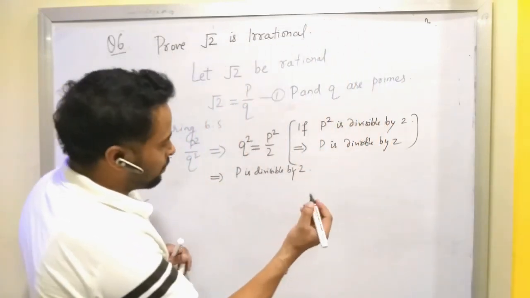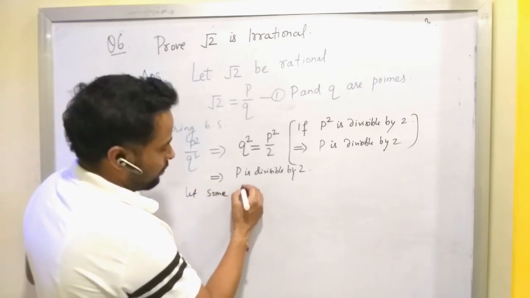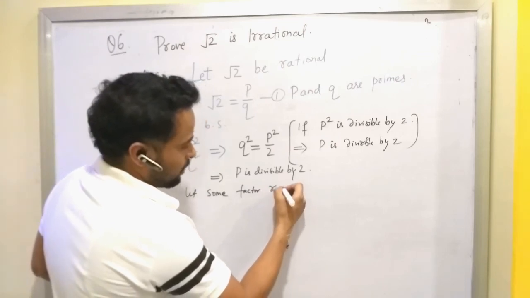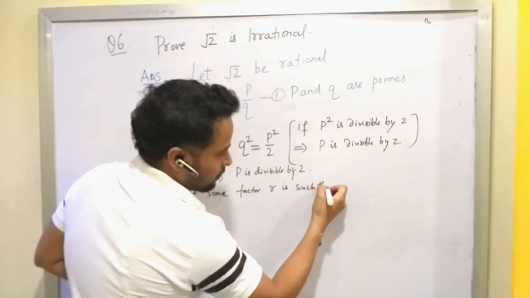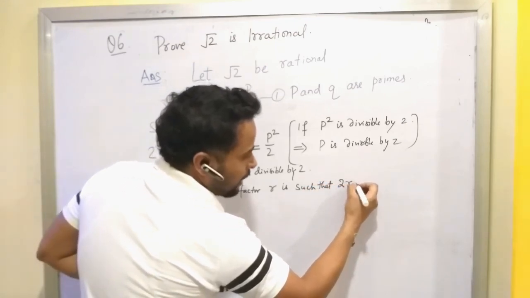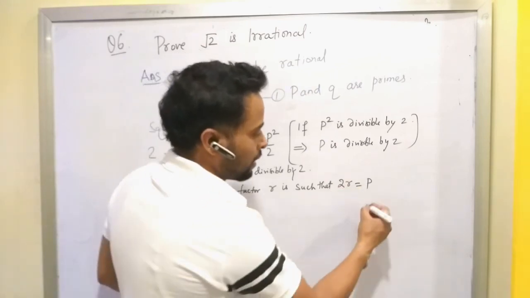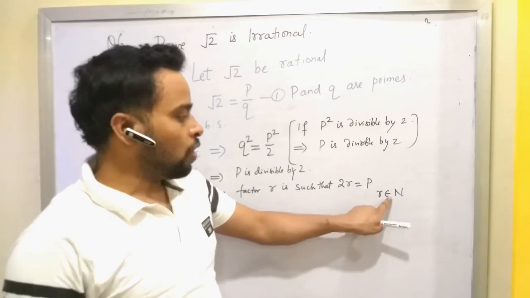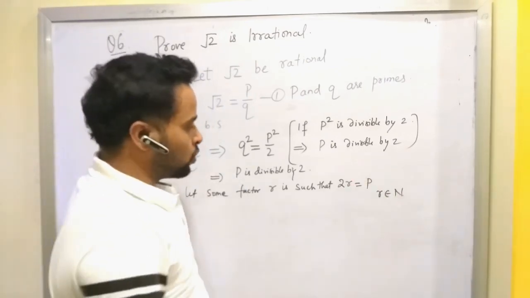So let some factor r be such that 2 times r is p, where r belongs to natural numbers. So 2r equals p.